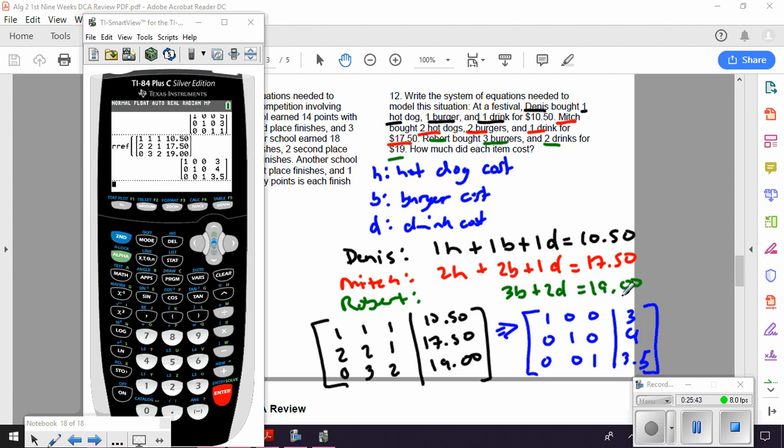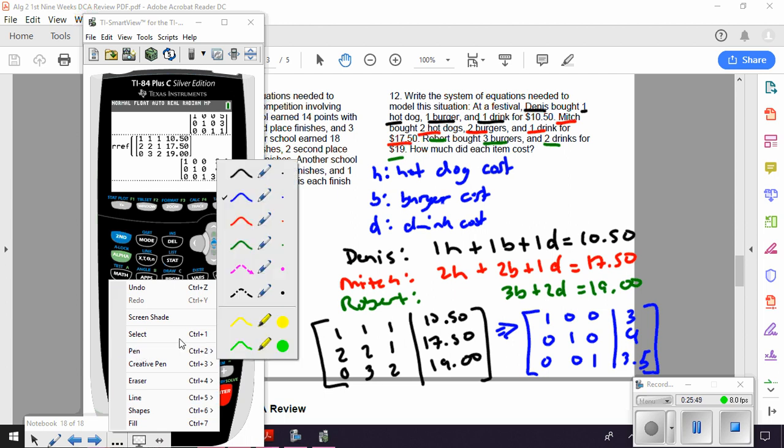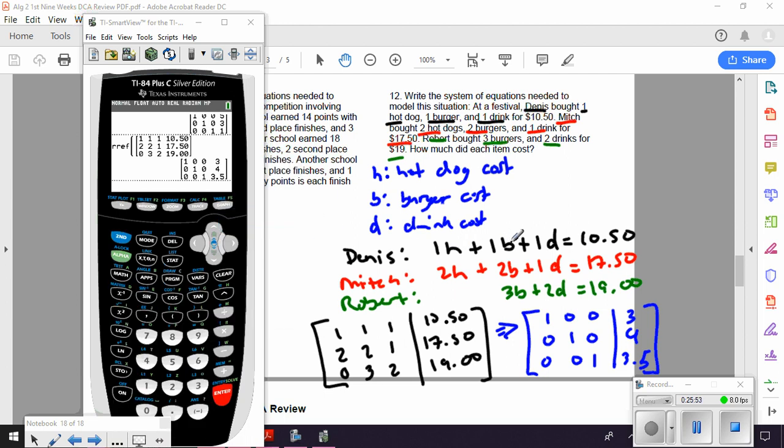Okay, so with that being said, we kept them in the same order every time we wrote our equation, H, B, D, H, B, D. So that means this is H, this is B, this is D. So what that means is a hot dog is equal to $3.